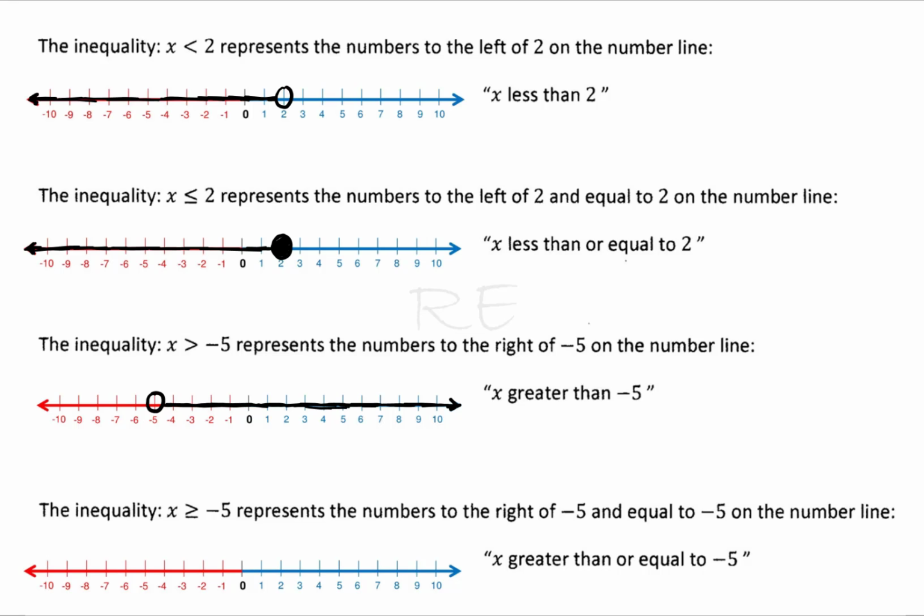And the last one is X greater than or equal to negative 5, which means negative 5 is included. We bubble in the circle at negative 5 and take all the values that are greater, which means all the values located to the right of negative 5.